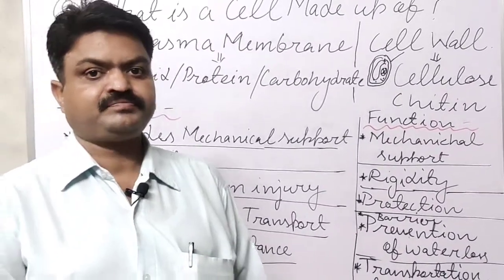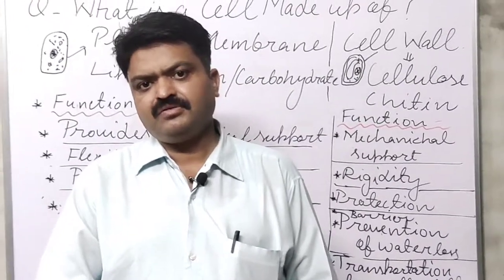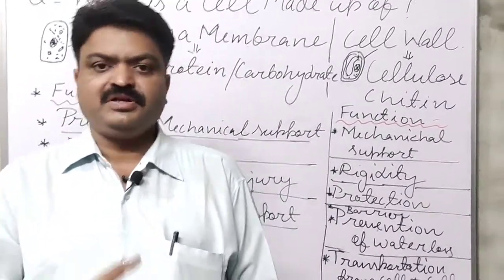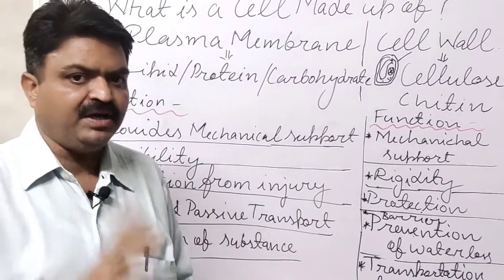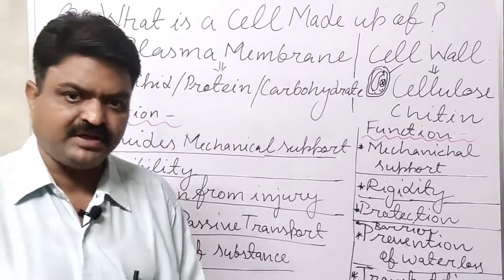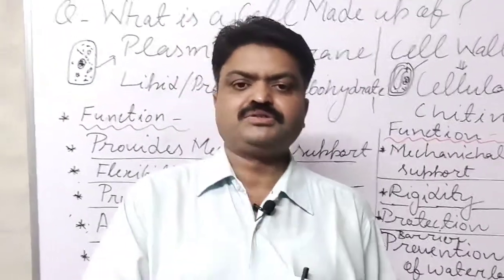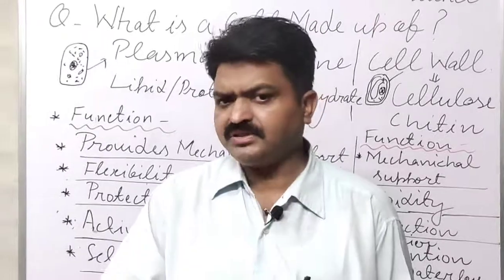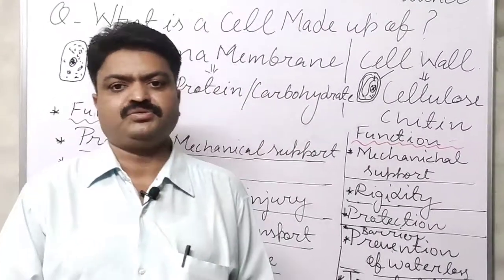With this, the water containing substances move inside the cell, or are removed from the cell with the help of one important process, and that is known as osmosis. Means osmosis is an important process that is maintained via plasma membrane student.